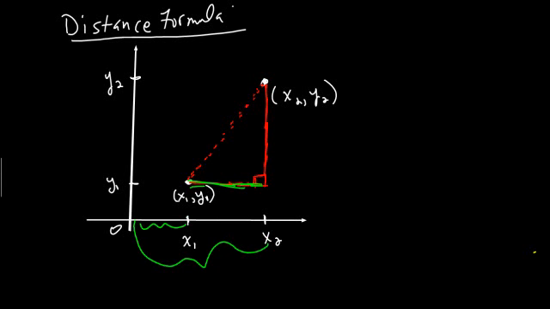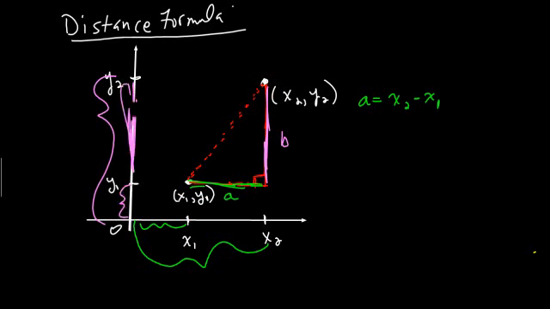So if I call this side A, I have that A equals x2 minus x1. Okay? And let's call this other side B. We see here that B is going to be the whole length of y2 minus that y1, and that will leave me with the side of my triangle.